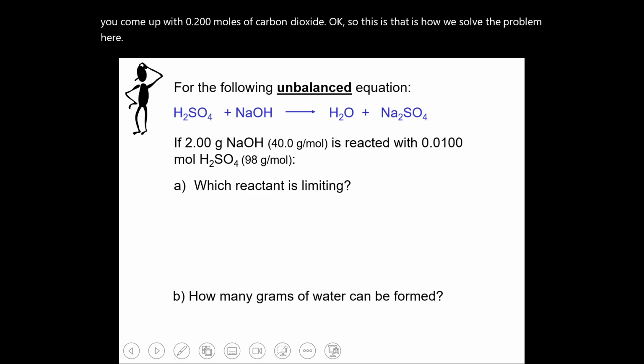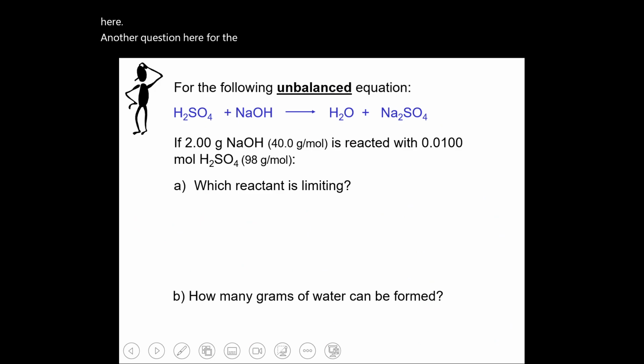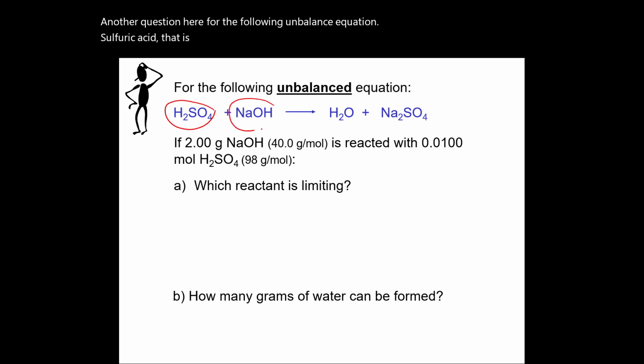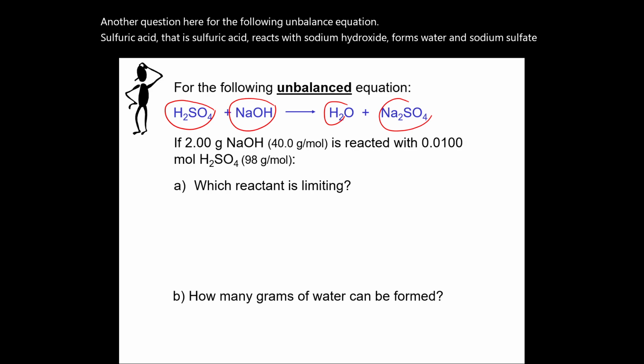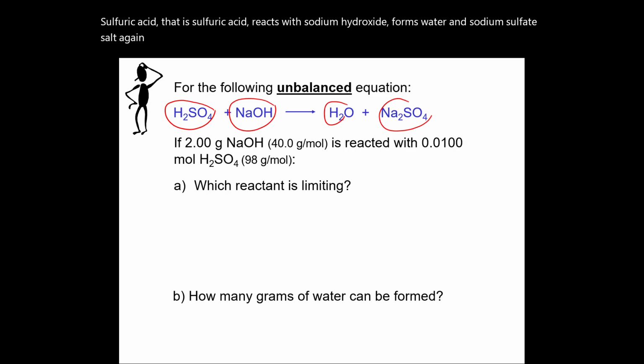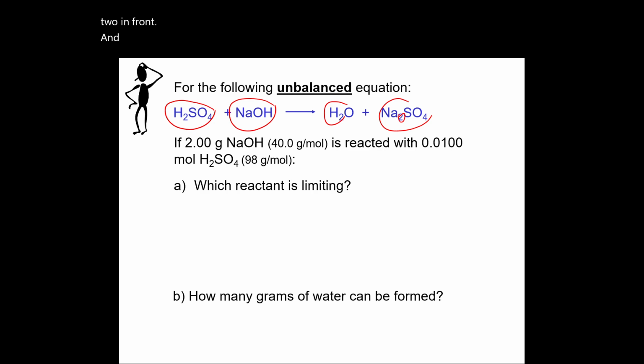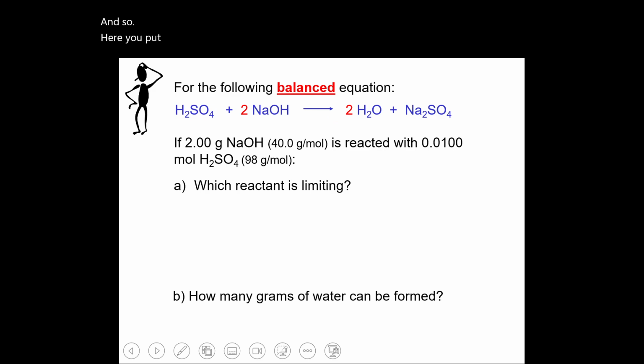Another question here: for the following unbalanced equation, sulfuric acid reacts with sodium hydroxide, forms water and sodium sulfate salt. Again, here we have to balance it, right? We got two sodiums on the product side, so you can put 2 in front of sodium hydroxide.